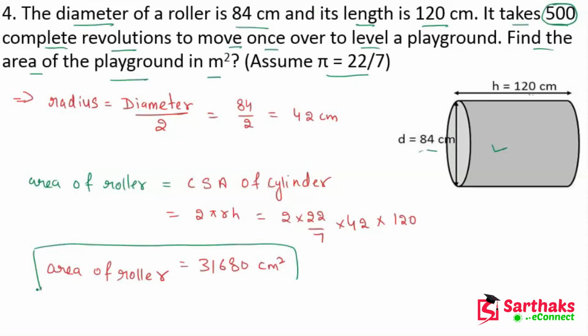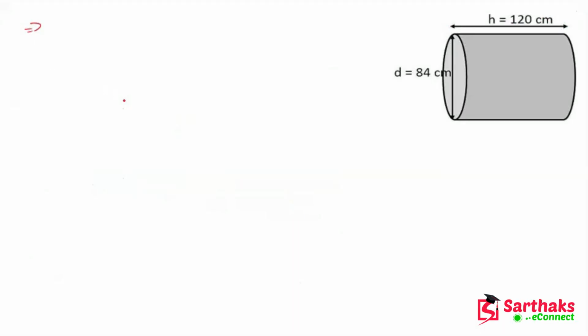Now we have to find the area of playground. After one revolution, the area of one revolution is equal to area of roller.